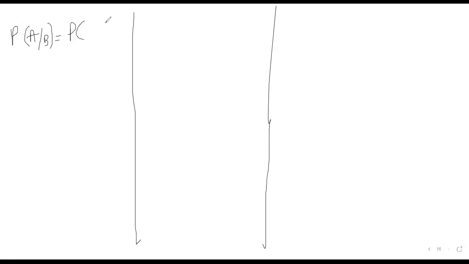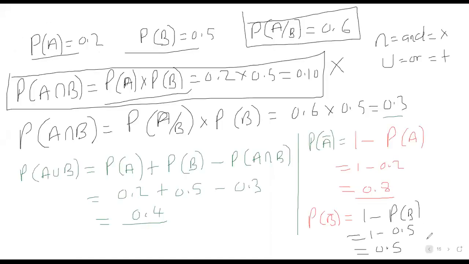So B comes here, then here we have A intersection B. What is our A intersection B? A intersection B was 0.3 and our A was 0.2.